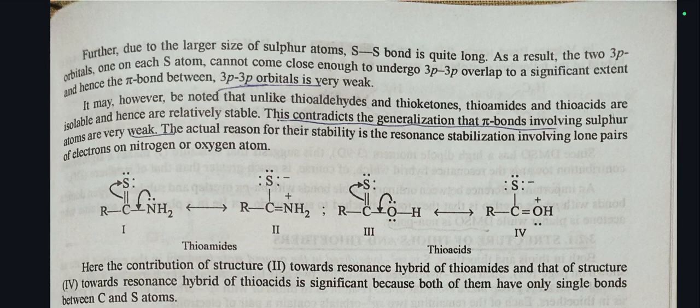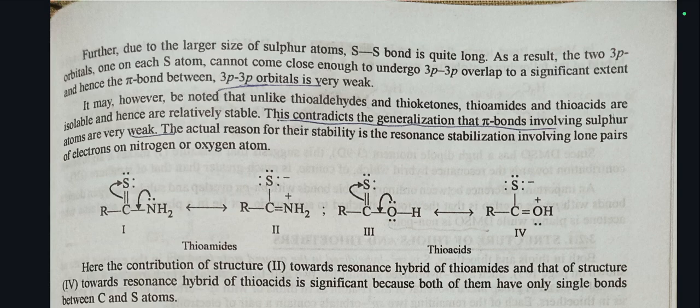It may, however, be noted that unlike thioaldehydes and thioketones, thioamides and thioacids are isolable and hence relatively stable. This contradicts the generalization that pi bonds involving sulfur atoms are very weak.